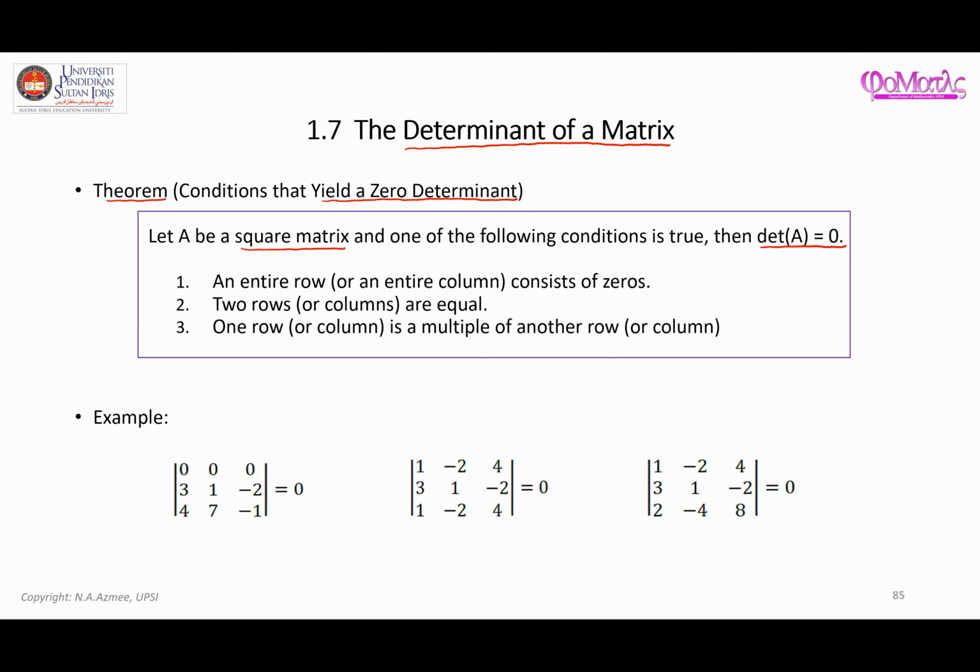It is quite easy to guess the value of this determinant without having to go through the long process of finding the cofactors, for example. Let's see the first condition. If an entire row or entire column consists of zeros, immediately the determinant of that matrix is going to be zero.